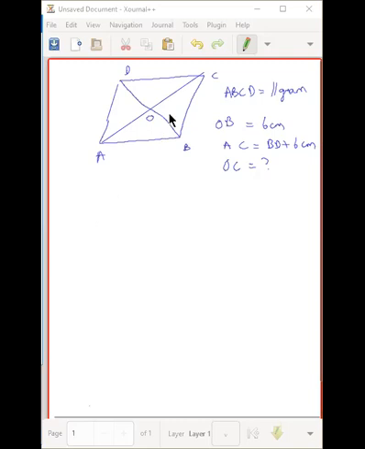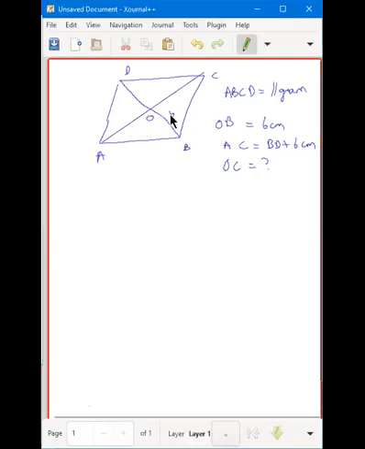What is given to you? OB is given to you as 6 centimeters. So what will BD become? What are the properties of a parallelogram regarding their diagonals?